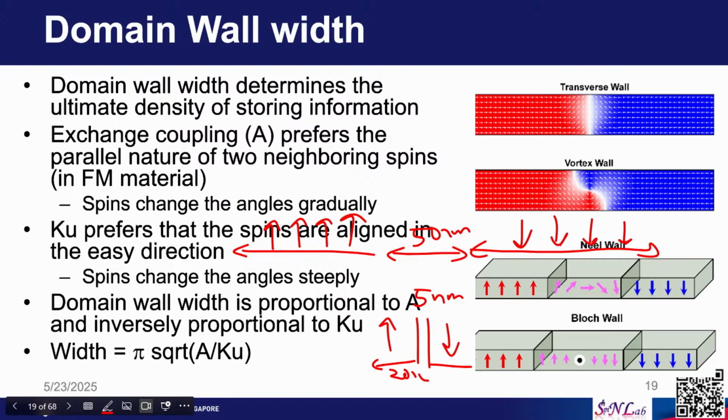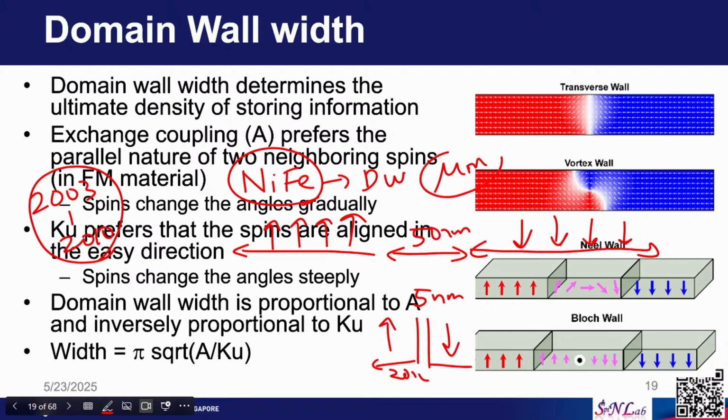Ironically, if you look at the domain wall devices, most of the earlier studies were carried out on permalloy. From 2003 to say 2010, for a long time people studied the domain wall of permalloy for domain wall memory, but in permalloy the domain wall width can be as large as some micrometer.